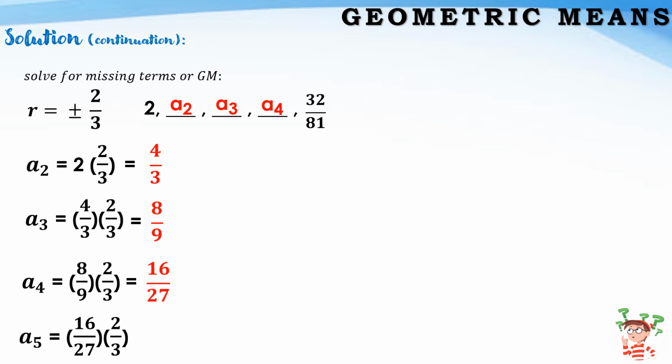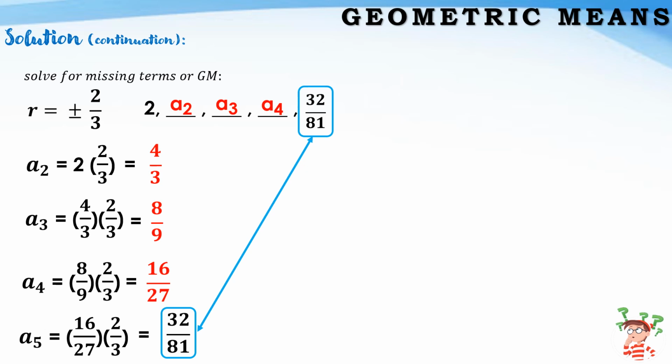So, we have 16/27 times 2/3. So, 16 times 2 is 32, 27 times 3 is equal to 81. So, pareho naman sila. That means our a sub 2, a sub 3, and a sub 4 are all correct.